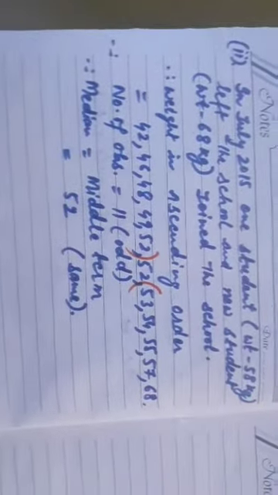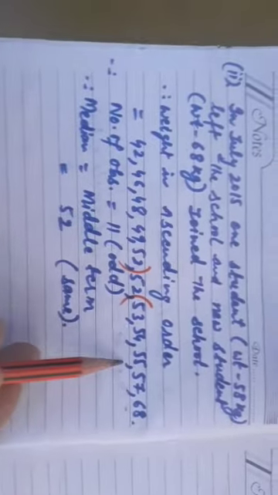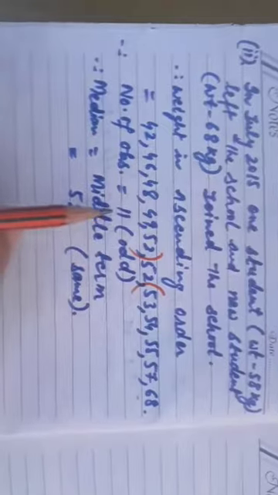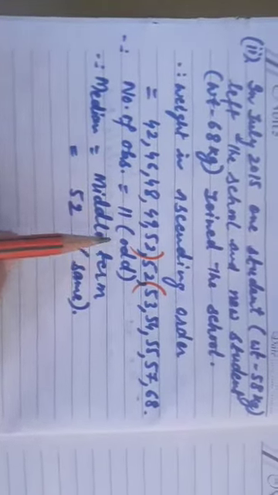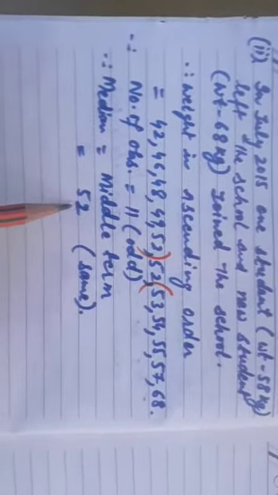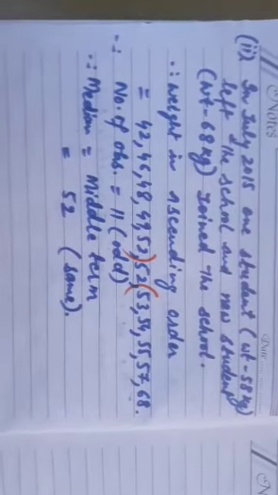When we arrange, we will get 68 at the last in place of 58. So there is no change in this sequence, in this list of observations, and the number of students is again 11, odd. Therefore the median of the data again is the middle term, that is 52. It is the same as the previous data. So in this way we have to solve these questions.